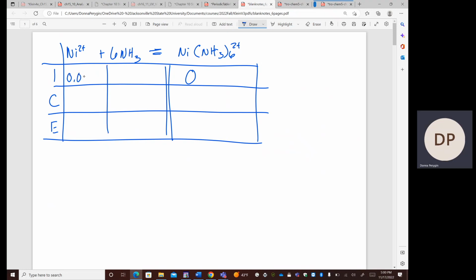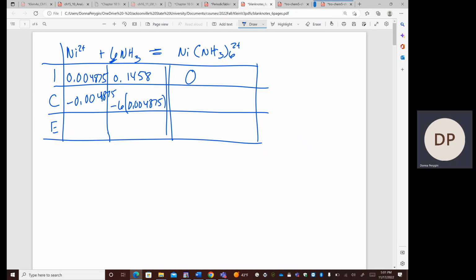But we calculated that we have 0.004875 molar nickel and 0.1458 molar ammonia. We're losing 0.004875. So we're losing essentially all of our nickel, and we're losing 6 times because of the coefficient here, 0.004875 of our ammonia.